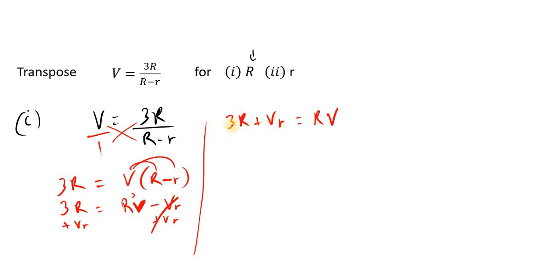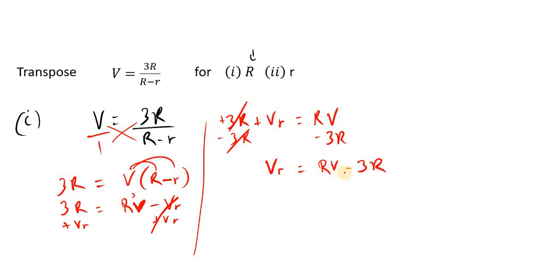It's connected to VR by addition because it's a positive sign in front. So I'm going to get rid of this 3R by subtraction. So we have V, common letter R, equals capital R times V, minus 3R.